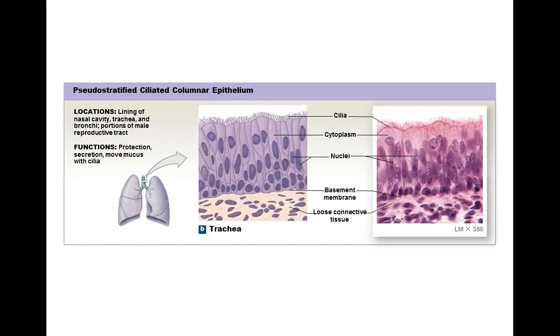Pseudostratified ciliated columnar epithelium, that's a mouthful. Pseudostratified means that it appears to be layers, but really isn't. And what you have is this embedding of cells that can secrete mucus.